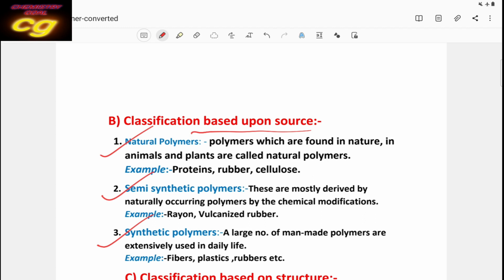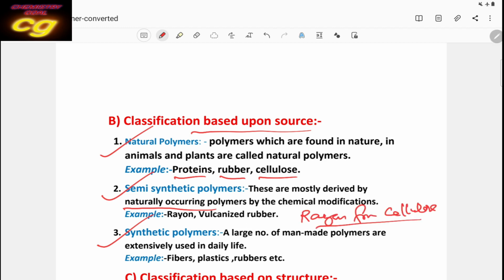No method of preparation is used. Examples, generally naturally occurring, are proteins, rubber and cellulose. These are the natural polymers produced from nature.